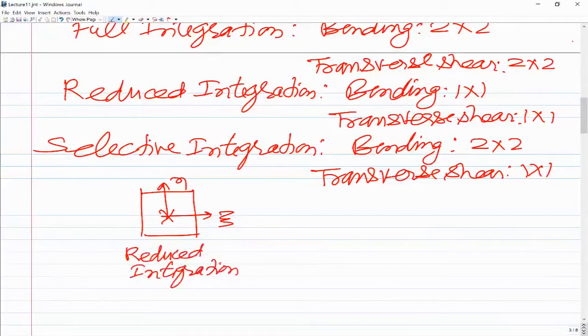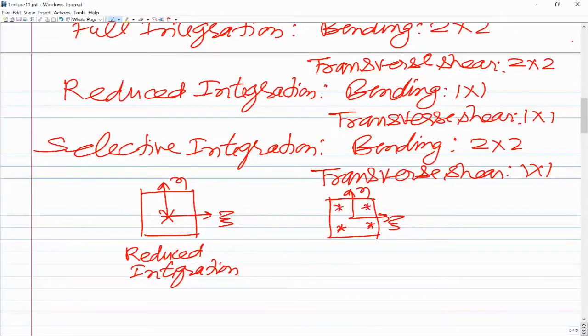Whereas in selective integration, if you look at the bending, bending is evaluated using four integration points, that is the 2 by 2 integration rule.